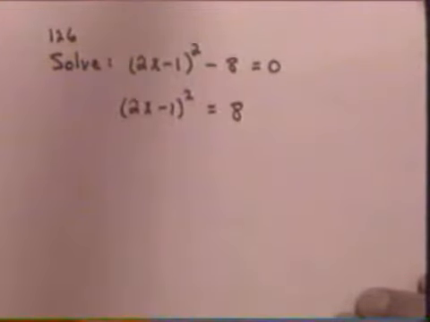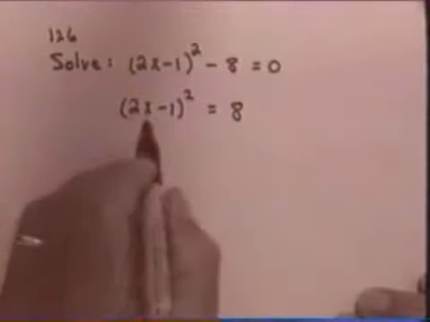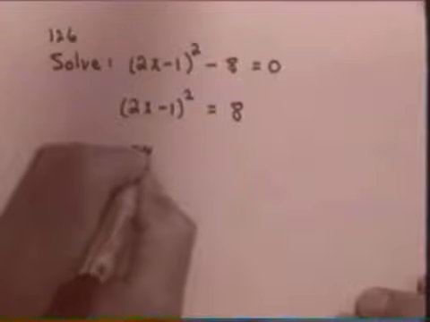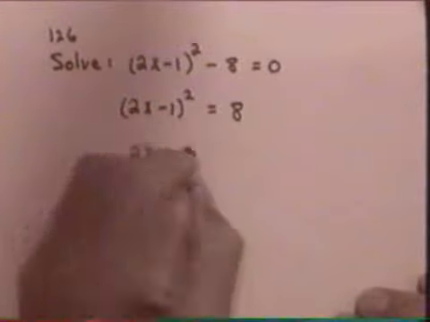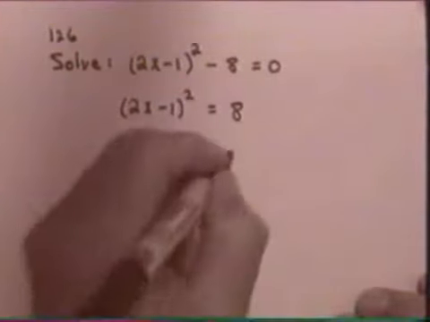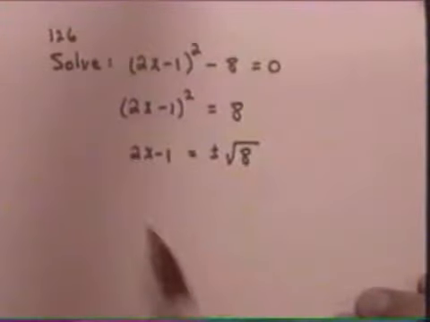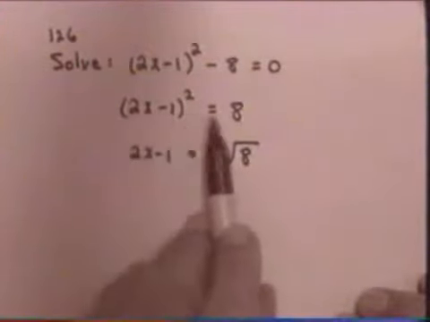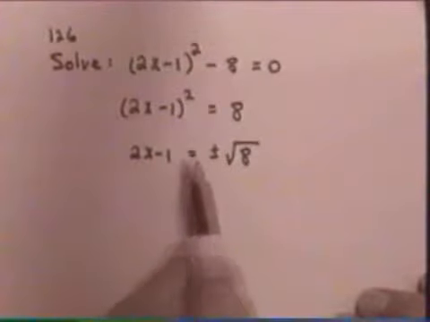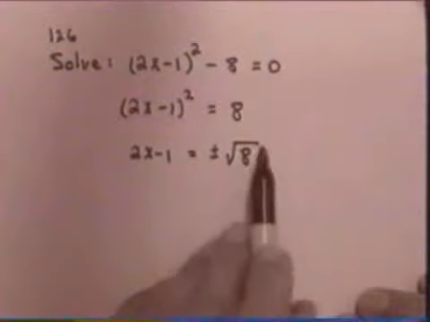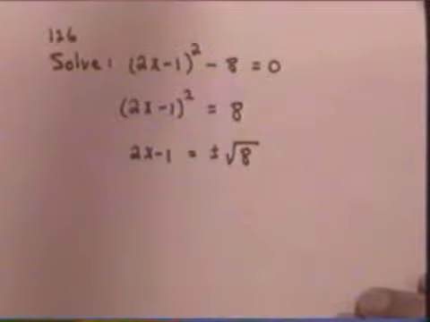Now I'm going to take the square root of both sides. If I take the square root of the left side, I get 2x minus 1. And if I take the square root of the right side, I get plus or minus the square root of 8. In other words, if x squared is equal to a constant, then x is equal to plus or minus the square root of that constant. That's my principal root theorem used again.